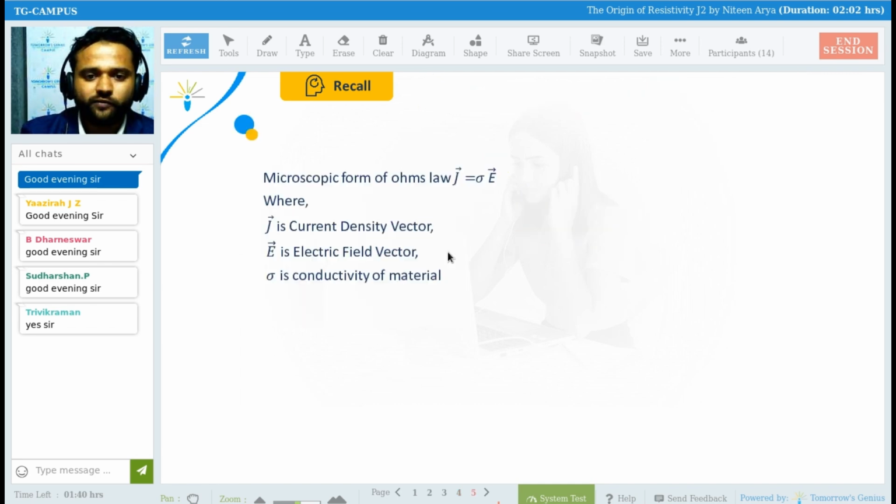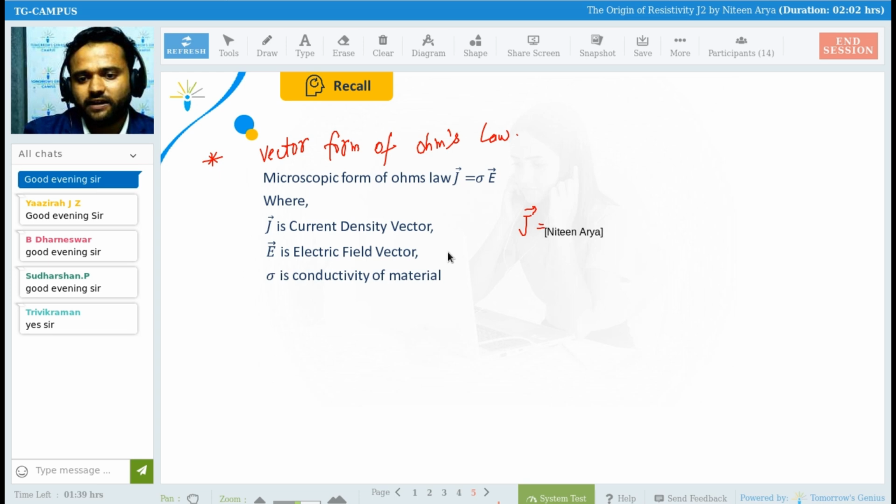Moving ahead, this is the microscopic form of Ohm's law, or you can also write it as the vector form of Ohm's law, and I think everyone knows about it. In the previous class, we defined how we can get it. J equals sigma E, where J is current density. J you can write as I by A. This is your current density. Here A is an area vector; I we know is a scalar quantity, so J is a vector quantity.